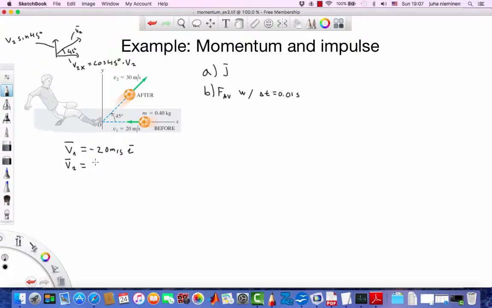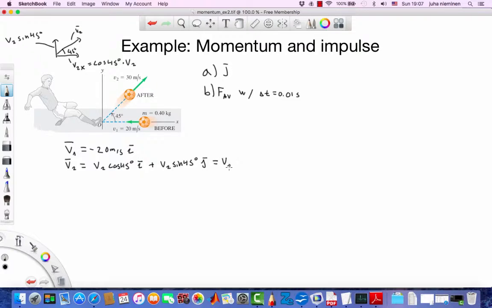Right, so now we can write for v2 the magnitude v2 times cosine 45 degrees in x direction plus v2 sine 45 in the j direction.